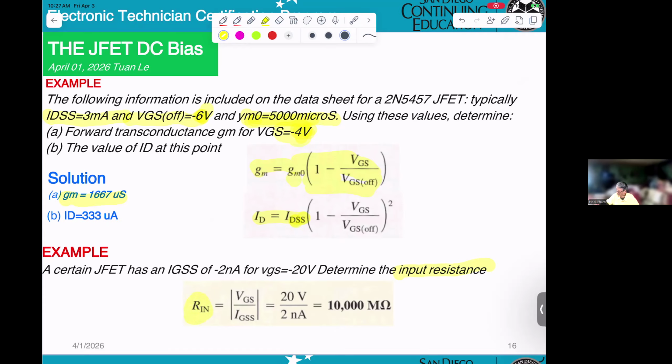Input impedance or resistance equals VGS divided by the absolute value of IGSS. They give IGSS as -2 nA, VGS equal 20 volt. You get the answer, 10,000 megaohm.